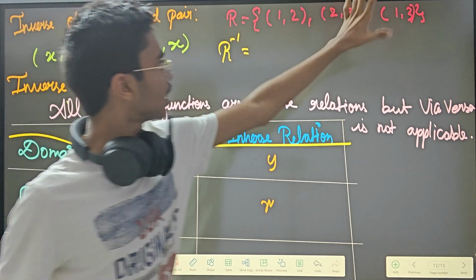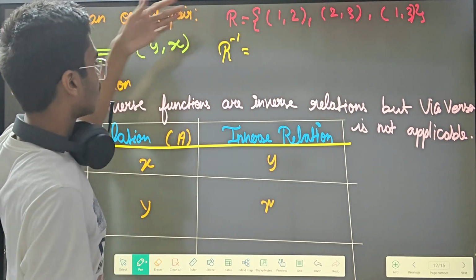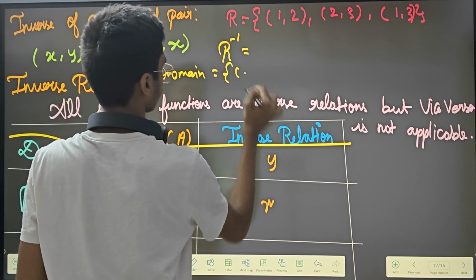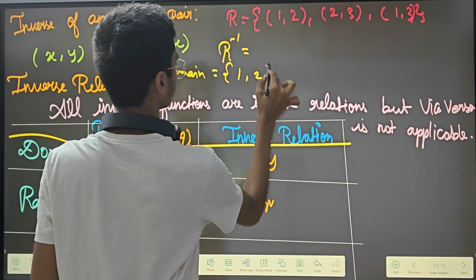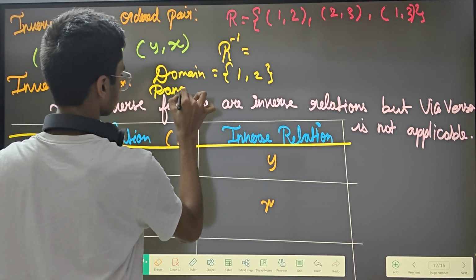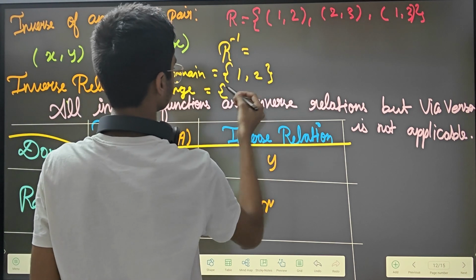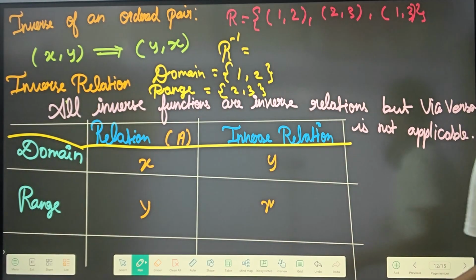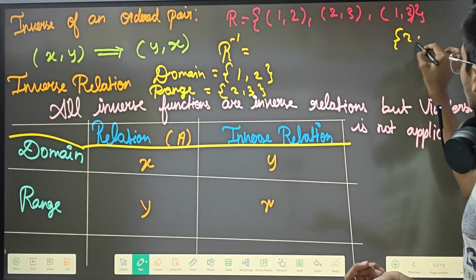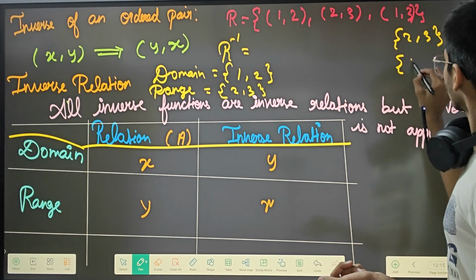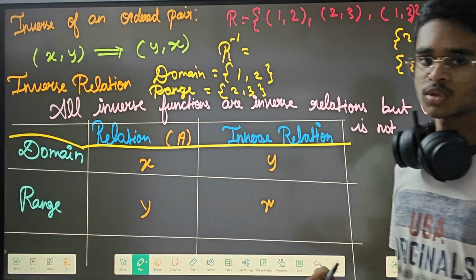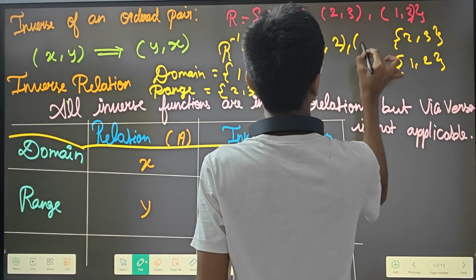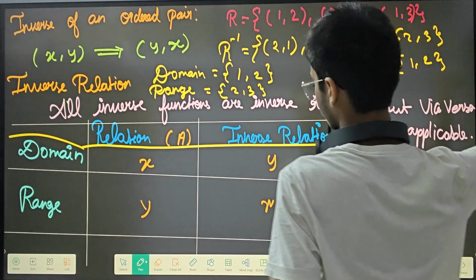First find the domain, which is 1 comma 2. What is the range? The range is 2 comma 3. It is just going to be inverted in the case of an inverse relation. That means the domain is going to be 2 comma 3 and the range is going to be 1 comma 2. So write the inverse relation in terms of ordered pairs: (2, 1), (3, 2), and last but not least (3, 1).